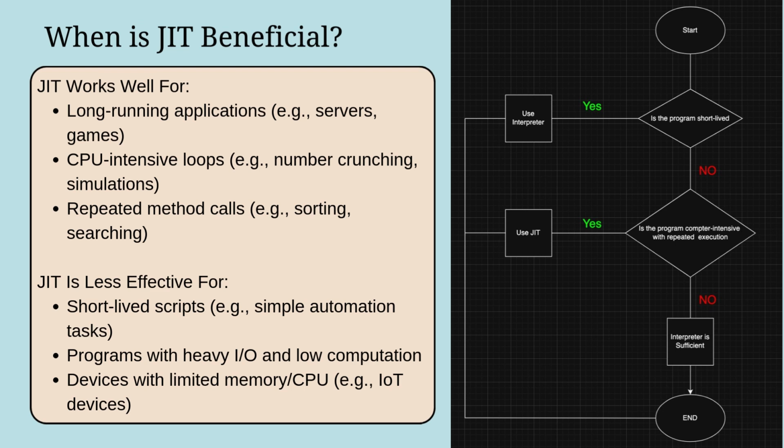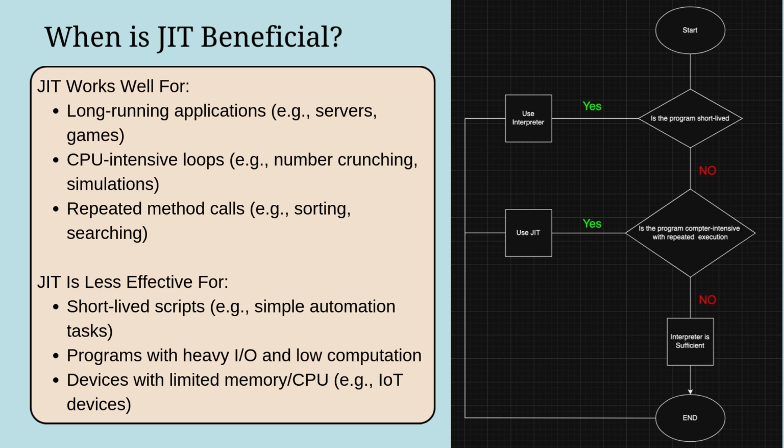On the flip side, think of a small script written in Python that just renames a batch of files or sends a quick mail. It finishes in a few seconds. JIT does not get the time to analyze and optimize anything, so there is no benefit. Also, if your program is doing heavy input/output, like reading large files or waiting for network responses, CPU optimization is not the bottleneck, so JIT won't help much.